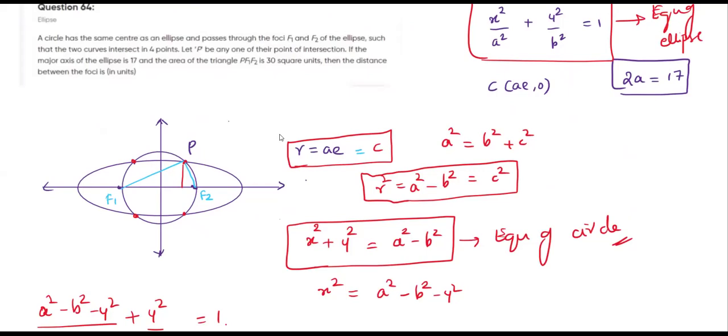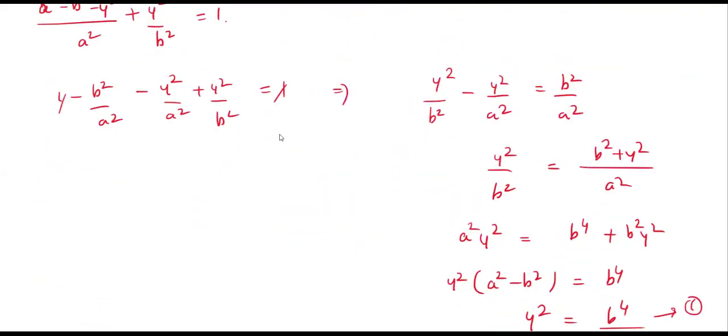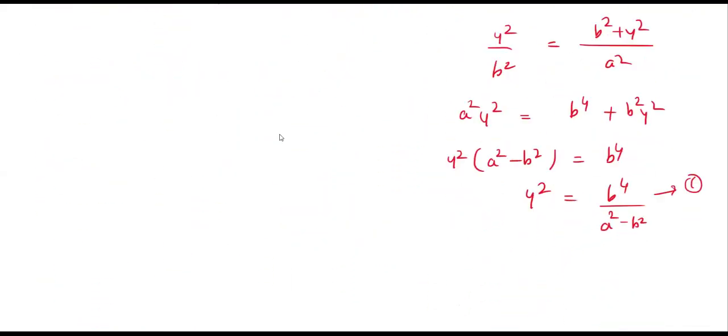Now, the height is the y coordinate. We have got the equation for the y coordinate here. So if y square is this, then y will be equal to plus or minus b square by square root of a square minus b square. I will take the positive value because our value is positive. So I will take y as b square by square root of a square minus b square.